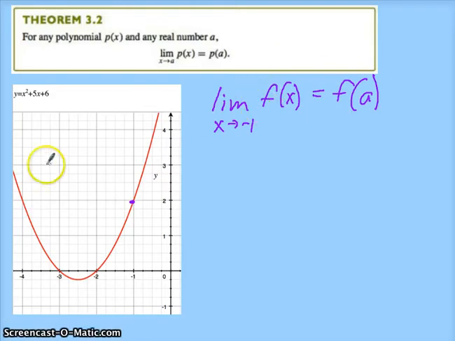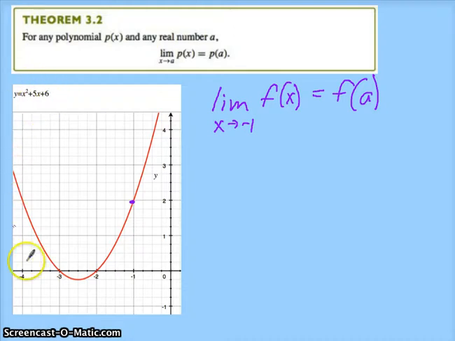The other really nice one, and this is due to the continuity of a polynomial, and you should know what a polynomial is at this point. Exponents are 0 or greater, and they are integers. We can have no negative exponents, and therefore no variables in a denominator.